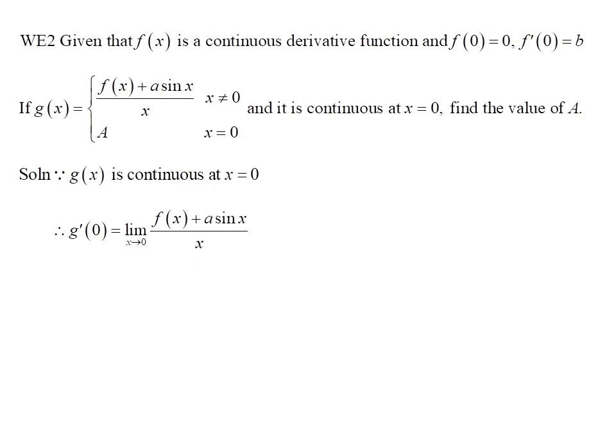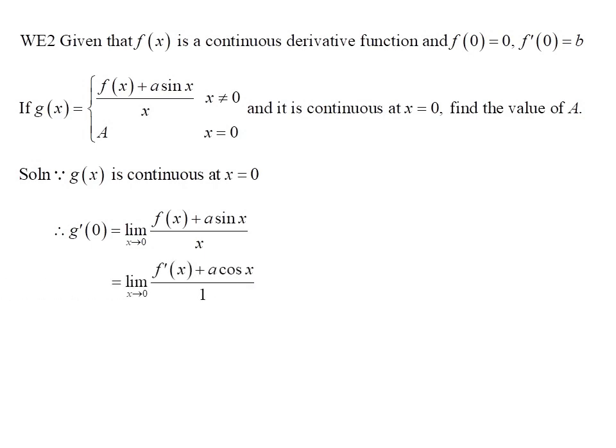Briefly, L'Hopital's rule tells us if we have an indeterminate form 0 over 0 or infinity over infinity, all we need to do is to differentiate the numerator and differentiate the denominator and then take the limit.